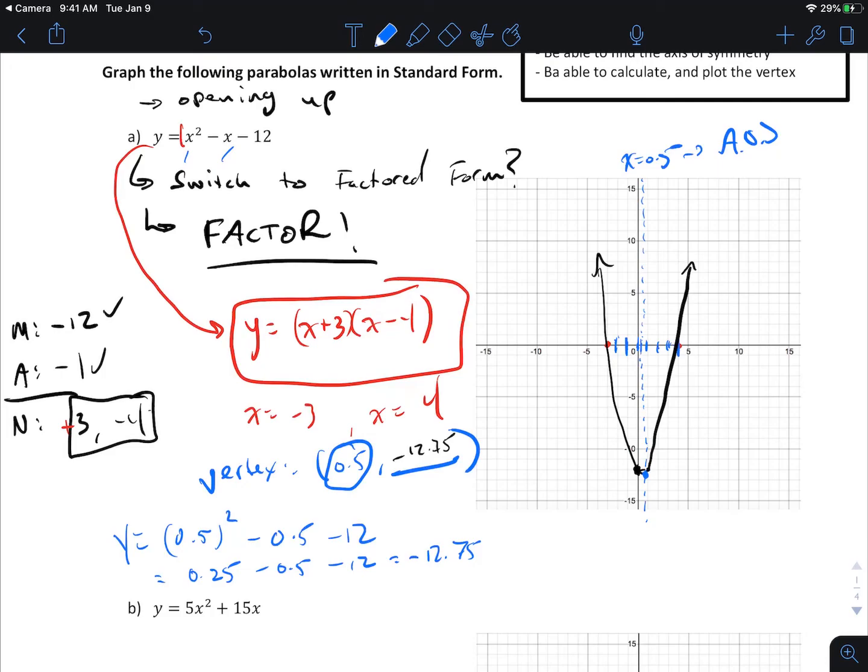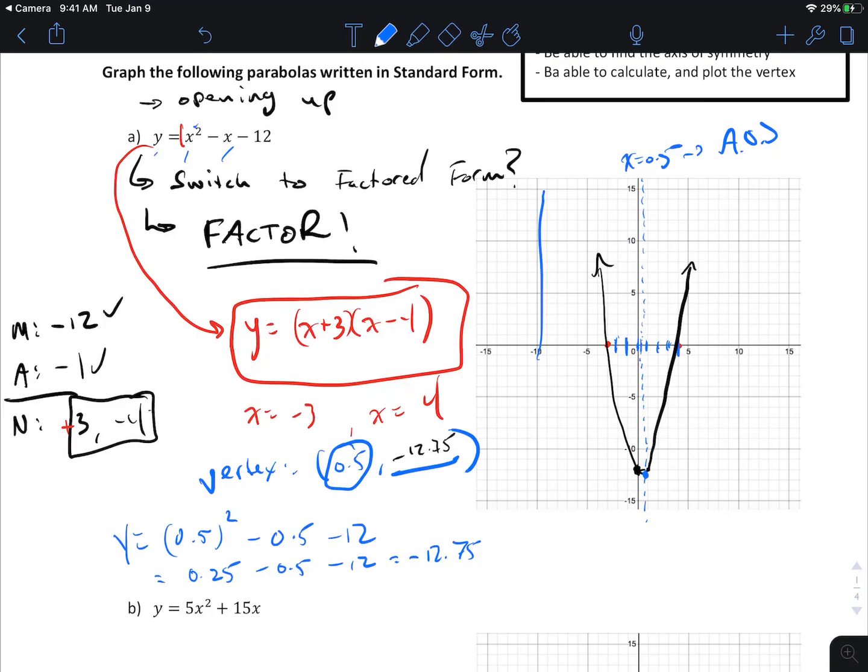Yeah, Ian. When you get y equals 0.5 squared minus 0.5 minus 12, why do you put in 0.5? I think I did the math wrong anyway. Let me answer your question. When I plugged in 0 and found the y-intercept, that was an x value of 0. I can plug in any point I want and get out a y, right? If I want to know the value of the graph at negative 10, I could plug in negative 10 into the equation and get the y value.